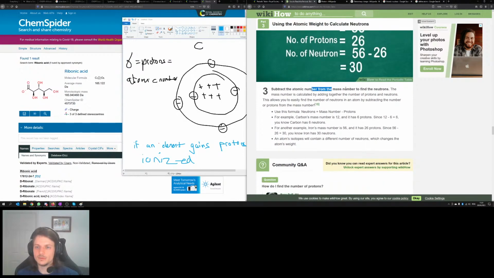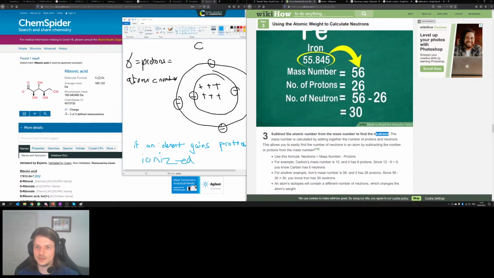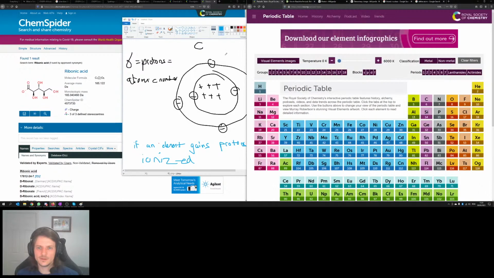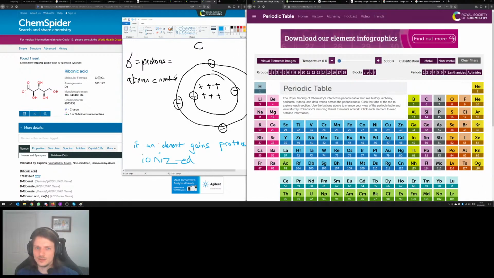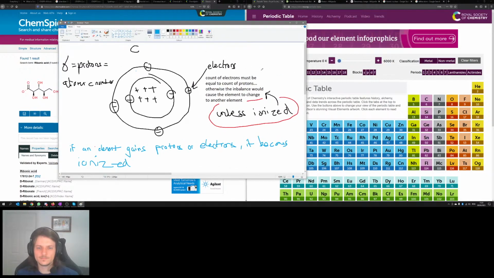Subtract the atomic number from the mass number to find the neutrons. Okay, atomic number from the mass number. So hydrogen has, let's open up another.